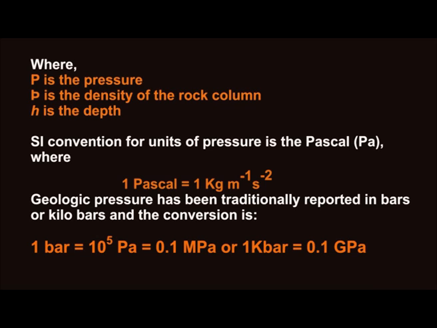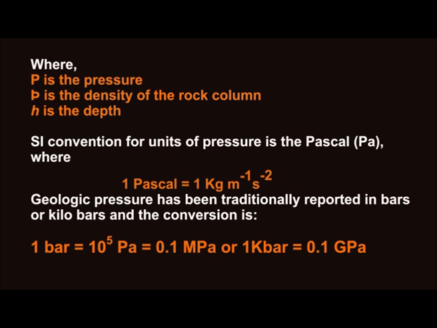Lithostatic pressure is exerted by the overlying mass of the rock and its magnitude depends on the depth and the density of the rock column. Knowledge of the depth of lithostatic pressure is of paramount importance in making tectonic reconstructions. The relation between pressure and depth in the crust is given by the equation where P is the pressure, rho is the density of the rock column and H is the depth.